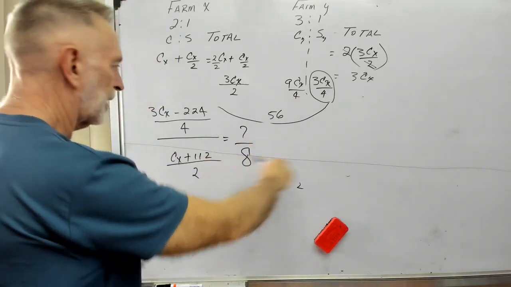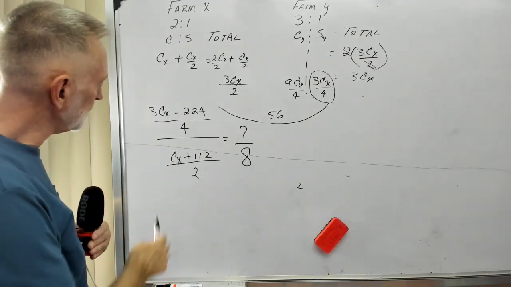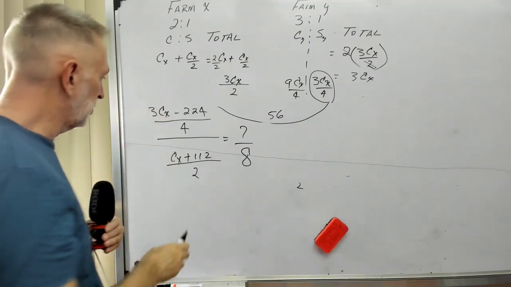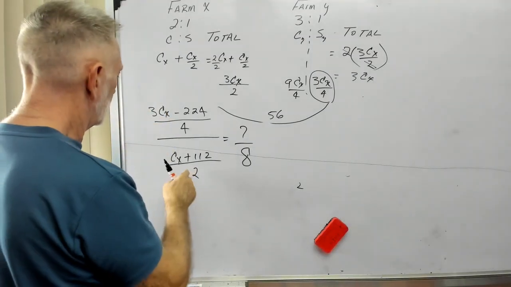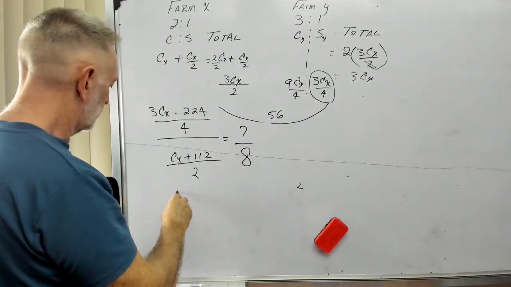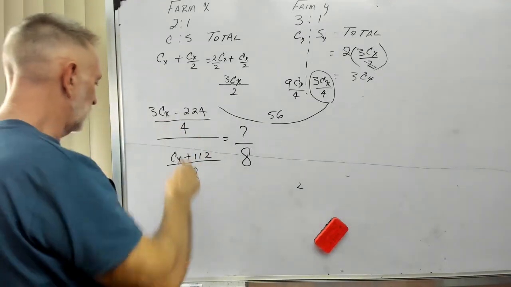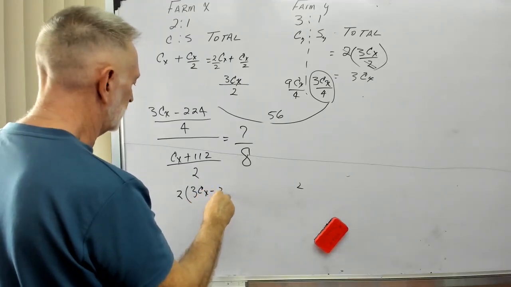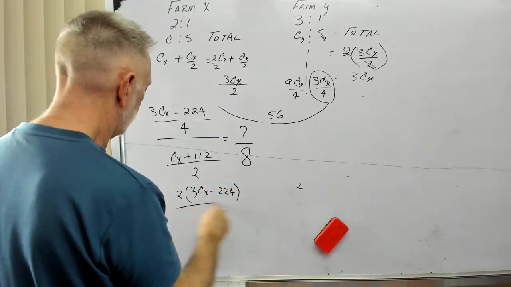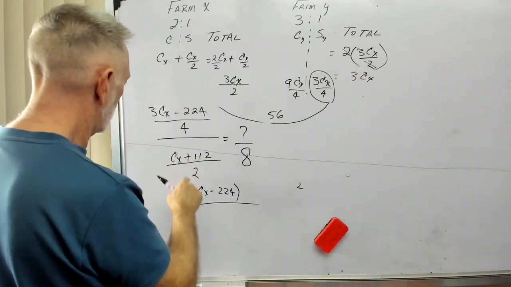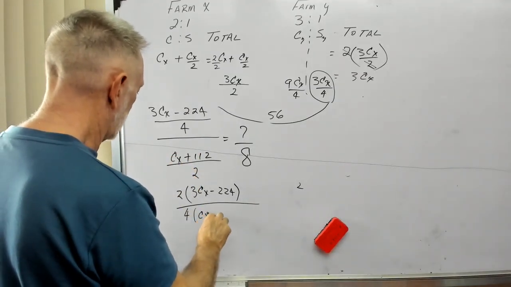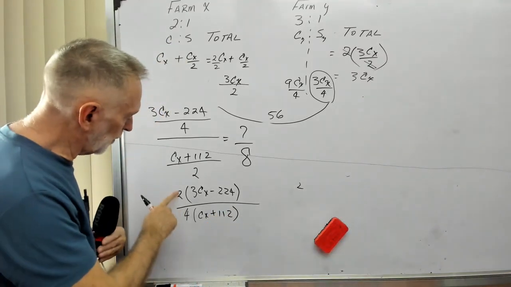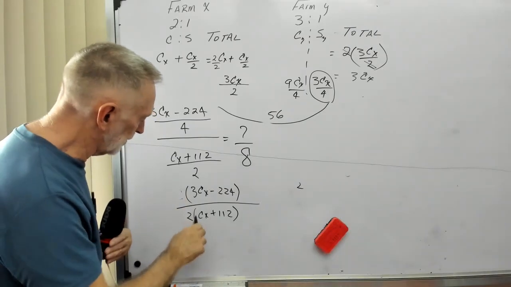So I've got a cracked board here. So if I have a compound fraction, we invert and multiply. So we end up with 2, we're inverting and multiplying, times 3 times the cows on x minus 224, divided by 4 times c sub x plus 112. 2 over 4 is 1/2.